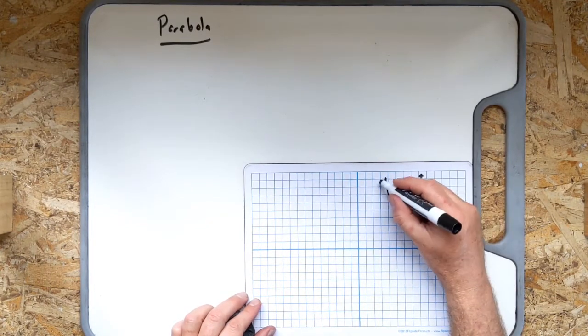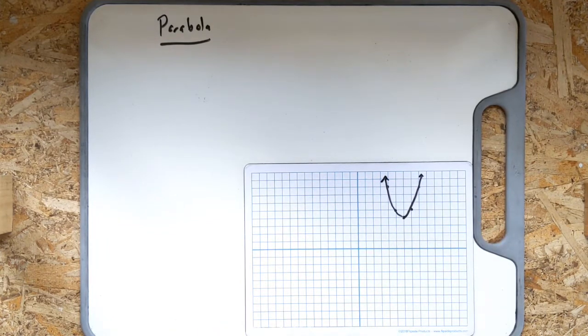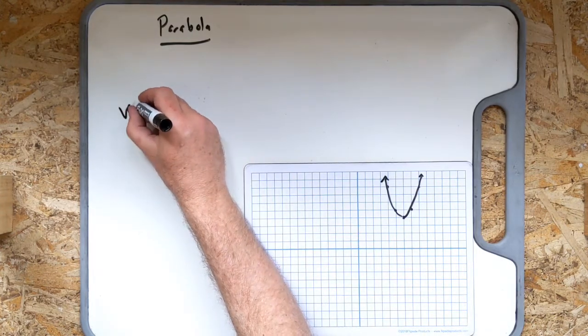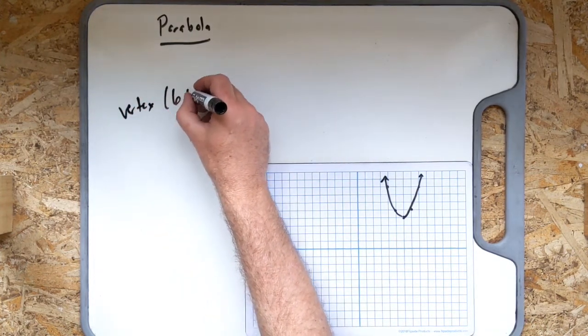And say, what is the equation for that graph? So you just basically reverse what we were doing before. You find the vertex first, which you may not be able to see on this, but it's 1, 2, 3, 4, 5, 6, 4. So my vertex is (6, 4).